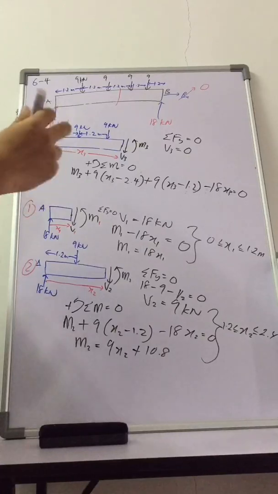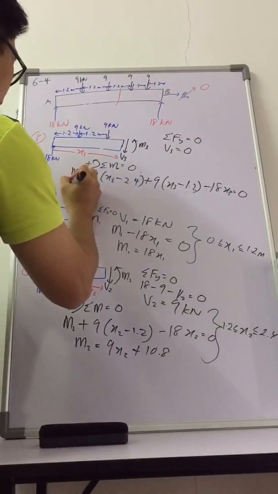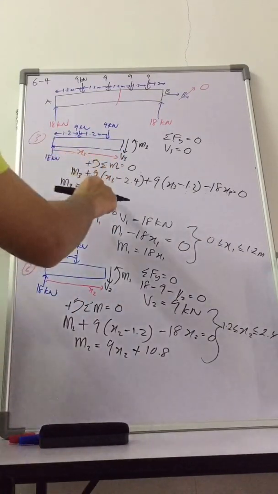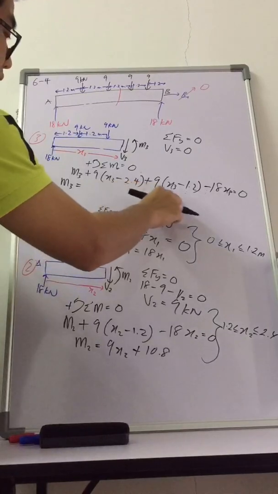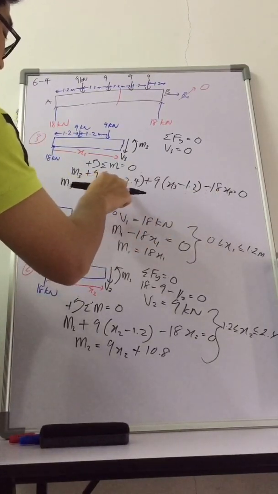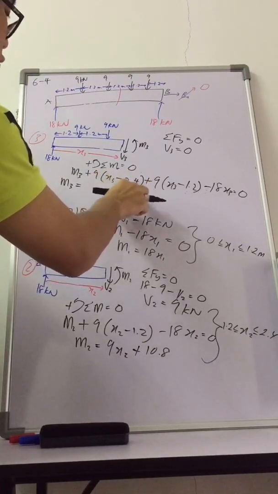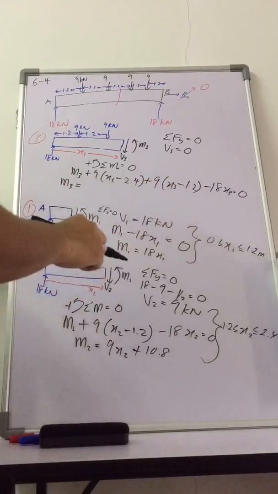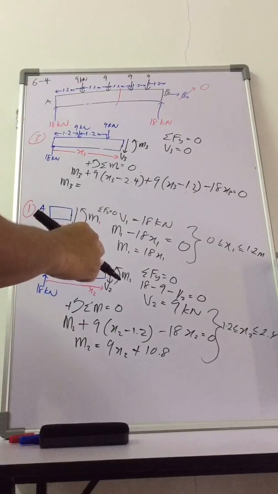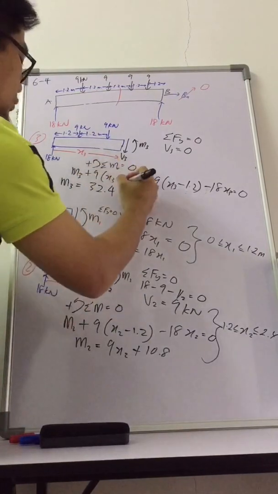So if we rearrange this for M3, what will happen is that we have 18 X3 minus 18 X3 which will be 0, and we have 9 times (minus 2.4 minus 1.2), which is minus 3.6 times 9, equals minus 32.4 kilonewton.